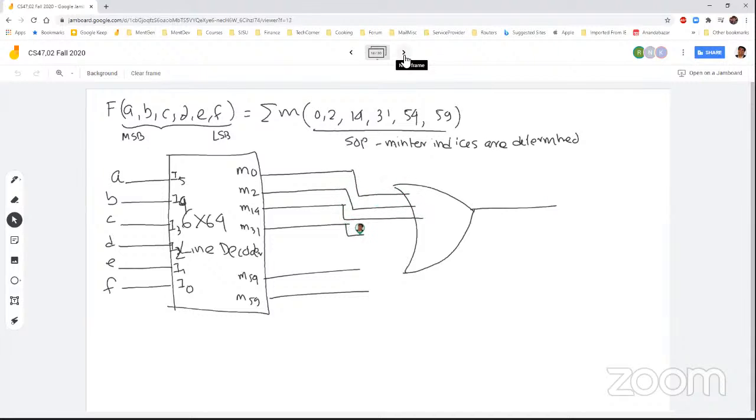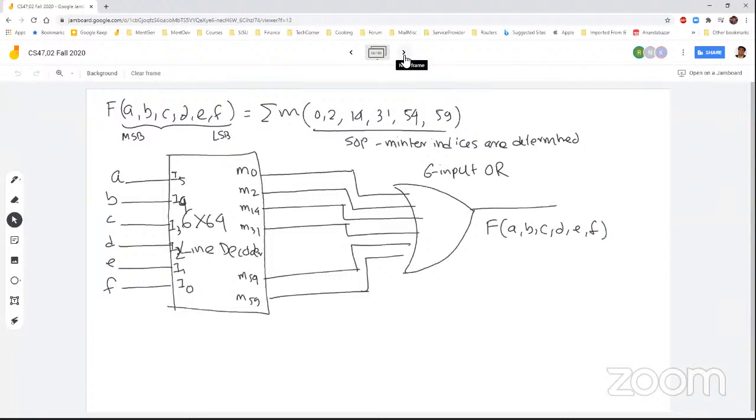It becomes a six-input OR, and you have this 6-variable function implemented.